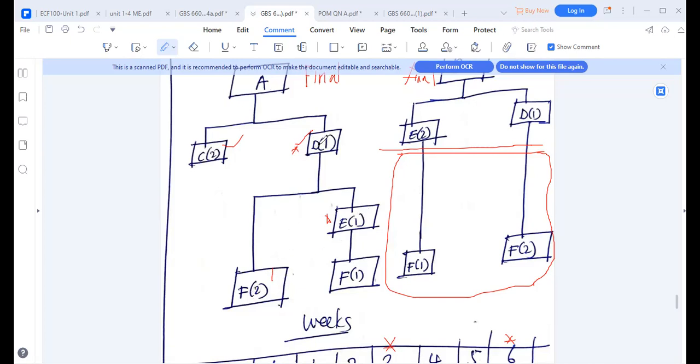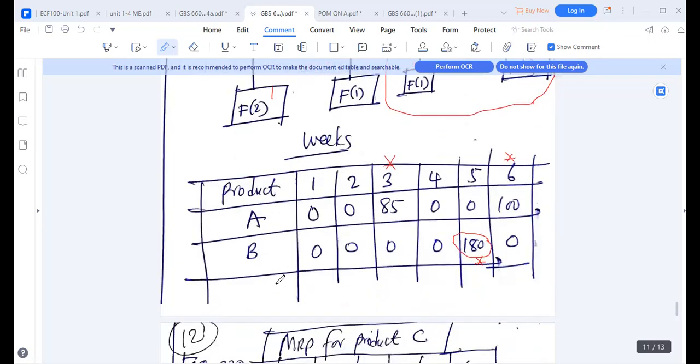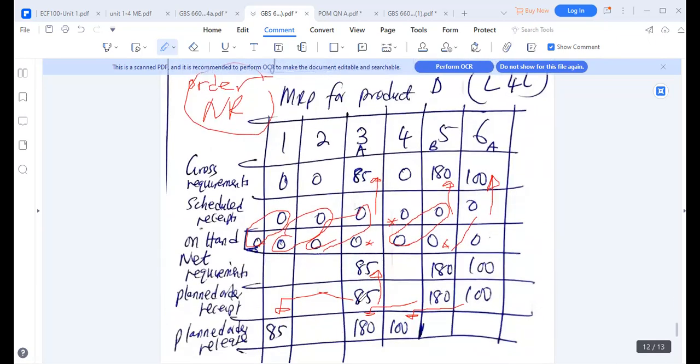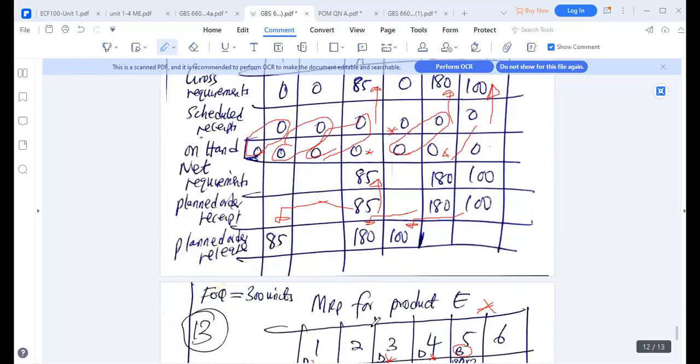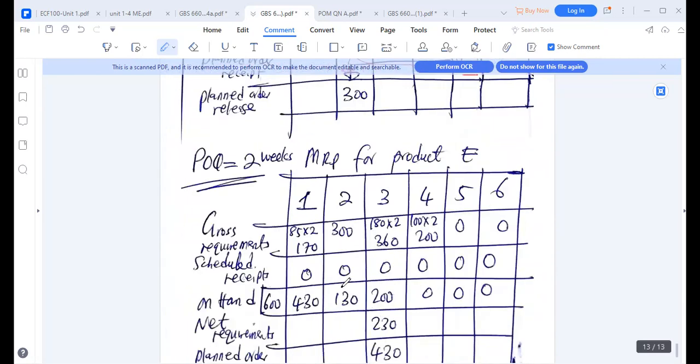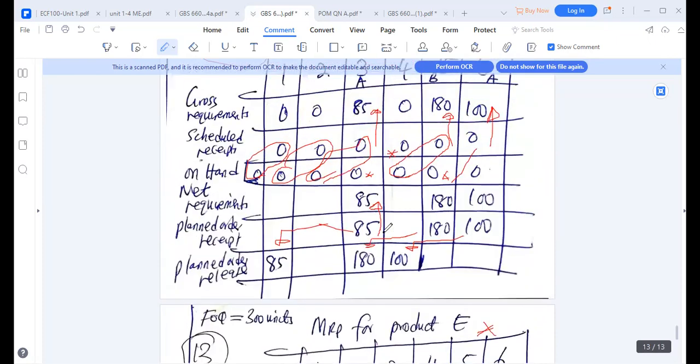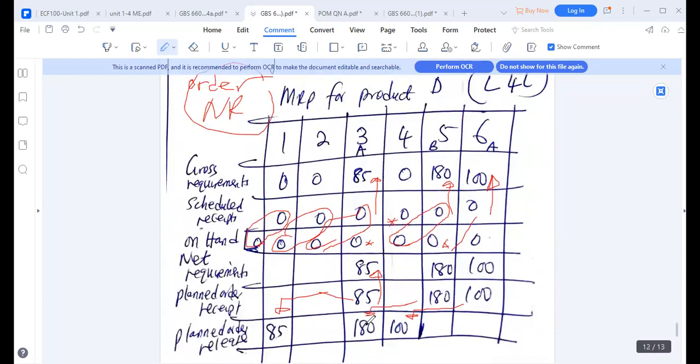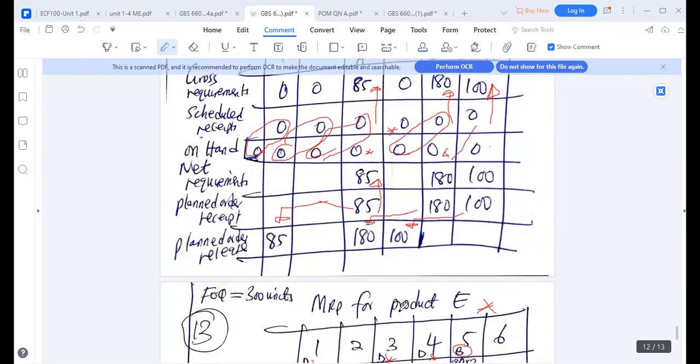All right, so for D going to F by 2, we multiply whatever we obtained for D by 2. These ones stay in the same weeks, the way they are. So 85 by 2, 170. And then from D, it was also 180 by 2 in week 3.